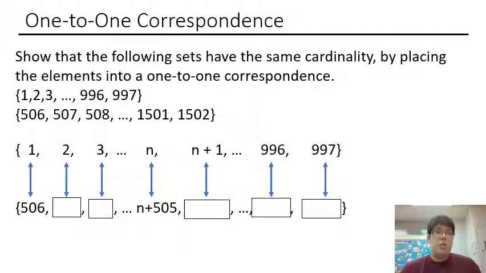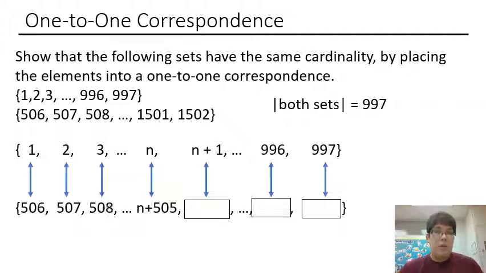We know that 2 should be matched up with the second element of this set. The cardinality of both sets is 997, and you can use that little pattern that we had earlier. So matching up 2 with 507, 3 is going to be matched up with 508.